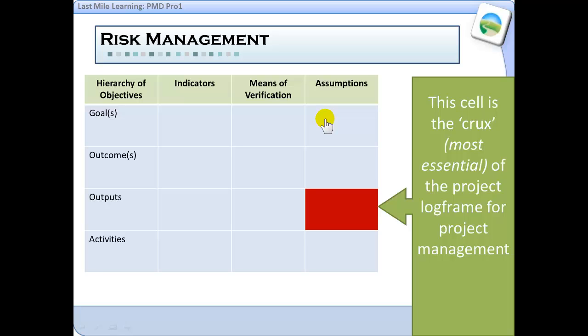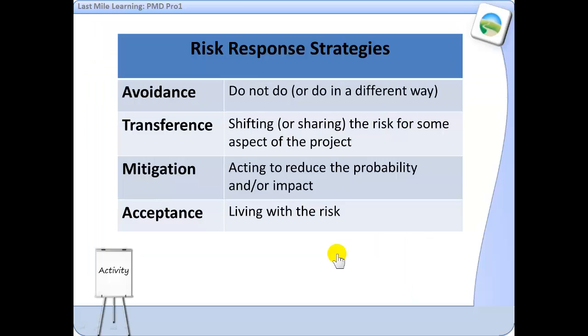So that's one way of seeing a very practical use of the assumptions that you've got in your log frame, and that's a good starting point. So assumptions are not risks, because assumptions are usually stated in the positive, and risks are usually negative. They are things that could happen in the future to impact your control of the project, just like you saw when you looked at the project triangle.